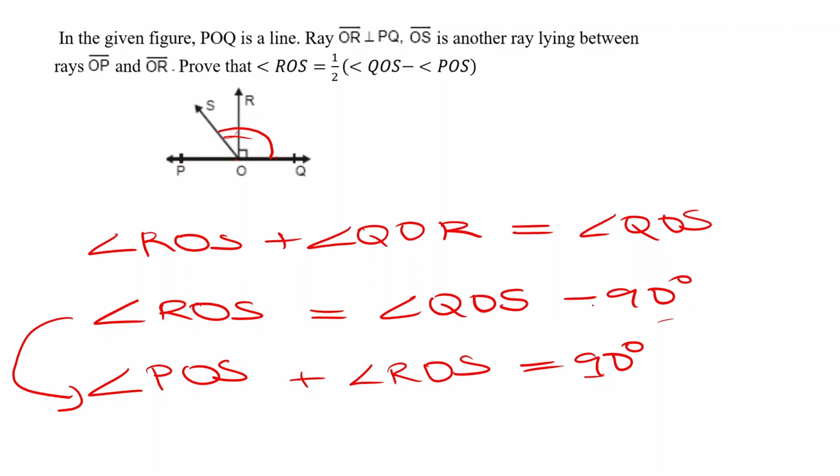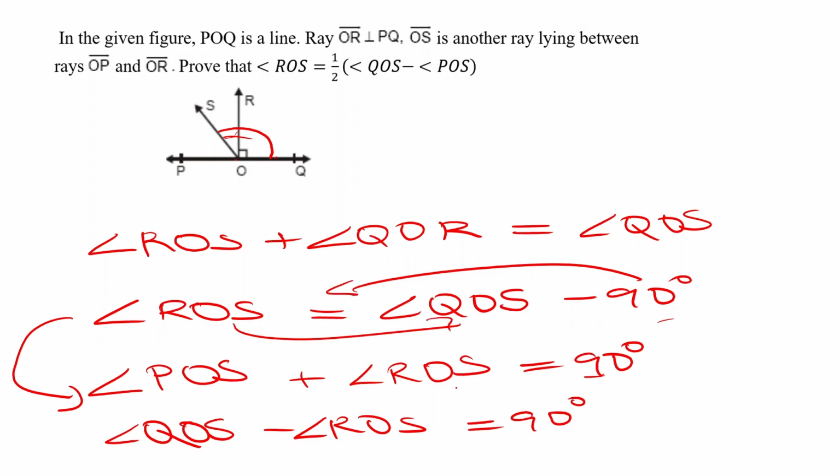How about we try to equalize them? QOS minus ROS is equal to 90. We can do that by taking this to the other side. Both of them are equal. We've got that clear. See, both of them are 90.